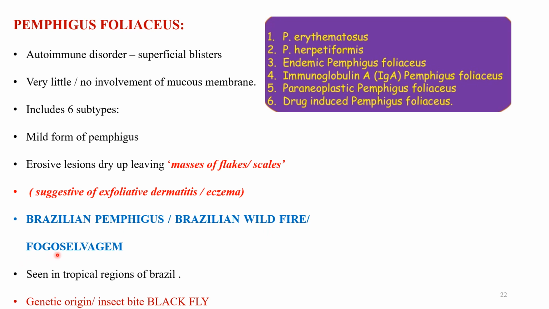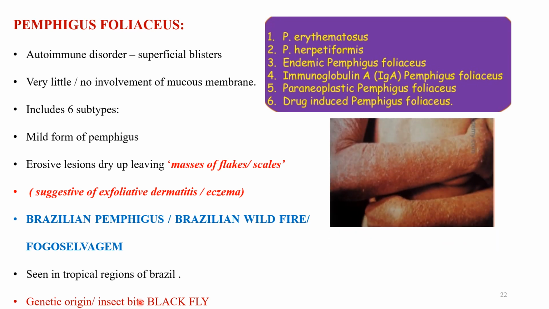This has a familial origin which is generally associated with genetic relation, or some studies suggest that the black fly insect bite could be a risk factor for development of this Fogo selvagem. This insect bite acts through molecular mimicry in generating the autoimmune reaction which is similar to other pemphigus lesions. So this is how this Brazilian wildfire appears.